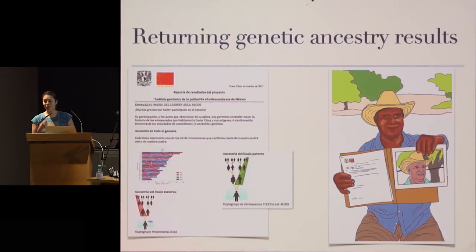So we wanted to make it very visual, just using colors, and also the maternal and paternal lineages in male participants. And because in the first visit we took pictures of them, we returned their genetic ancestry results together with their pictures. And they were very pleased with that.